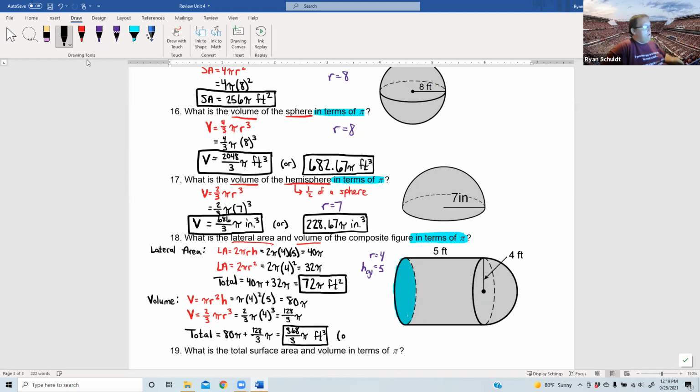Or if you turn that into a decimal, that would be 122.67 pi feet cubed. Let me just double check that. Yep, that's all right.